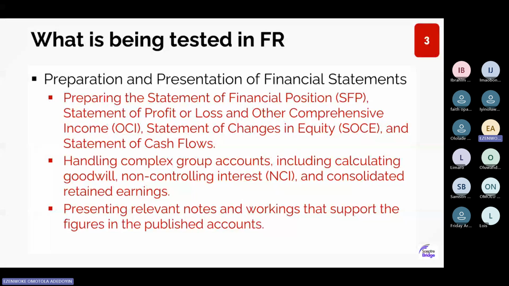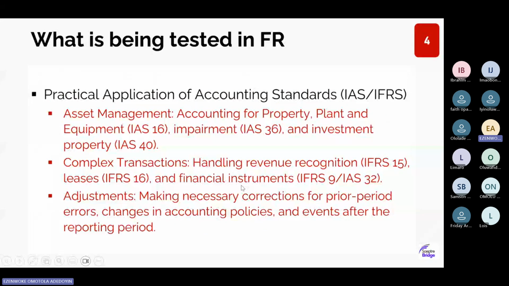All right. So the next thing is you also want to understand the practical application of accounting standards. This is very important.